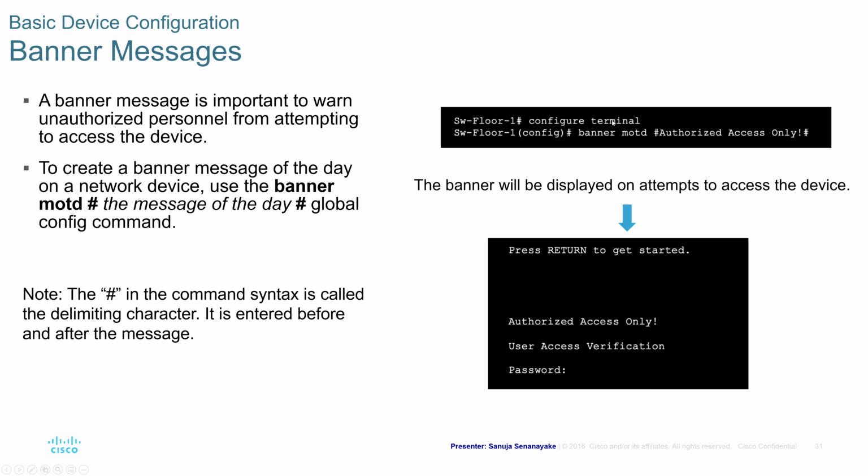In this example, the user enters the configuration mode, types banner motd, puts the pound symbol, types authorized access only, and puts the pound symbol at the end so that the system knows the message has ended, and presses enter. This will result in this message displaying when somebody tries to enter the configuration mode. You can enter whatever numbers or letters you like, and the banner message can be multiple lines and contain lots of information, or it could be a simple line like just authorized access only.